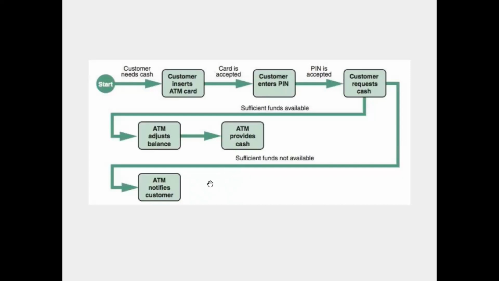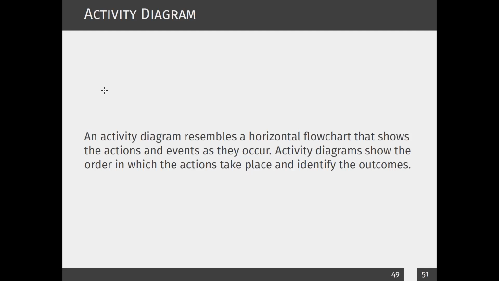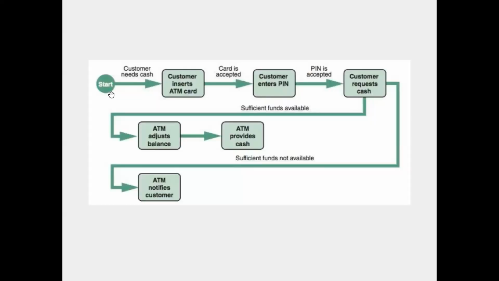In this activity diagram, you can see how the activity happens. It starts when the customer needs cash. The customer inserts the ATM card. The ATM card is accepted. Then you have to enter the PIN. The PIN is accepted, and then you request cash.